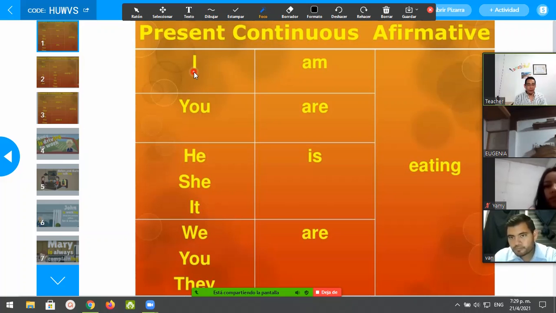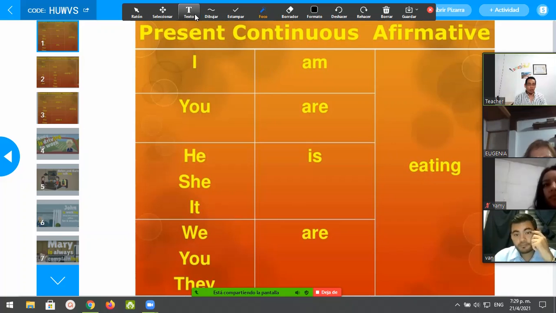So, the combination is very similar to the verb to be. You say I am, you say you are, he, she, it is, we, you, they are. Now, the combination is for present continuous in the affirmative way. Now, here there's something important because we have the verb eat.